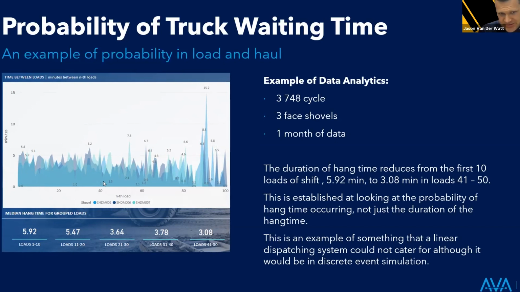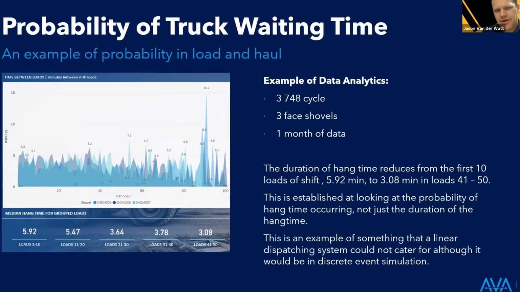And this is an example of looking at the loading rates within 3 shovels. I've included 3,700 cycles in this. And we look at the probability of hang time in the first 1 to 10 loads of the shift, the next 10 loads, up to 40 to 50 loads. And what we see is that the duration of the hang time drops from 5.92 minutes to 3 minutes as the truck starts cycling.